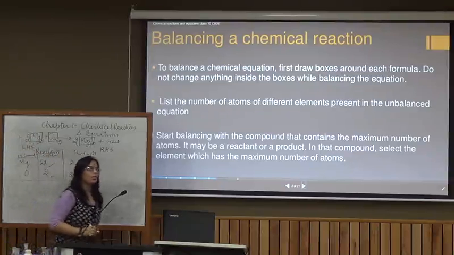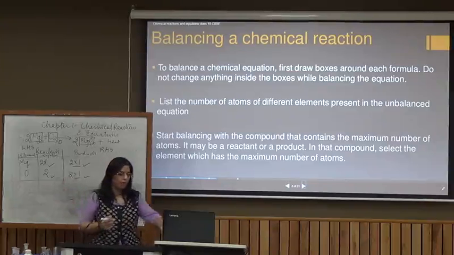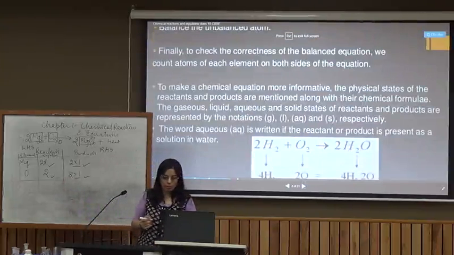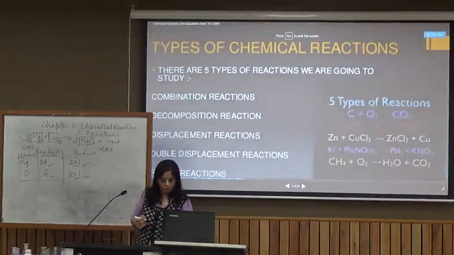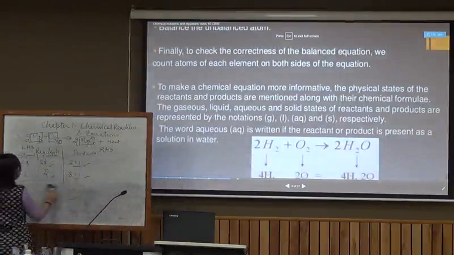Any equation that we balance follows the same steps. We'll look at just one more example of balancing a chemical equation. So we look at a little difficult one.